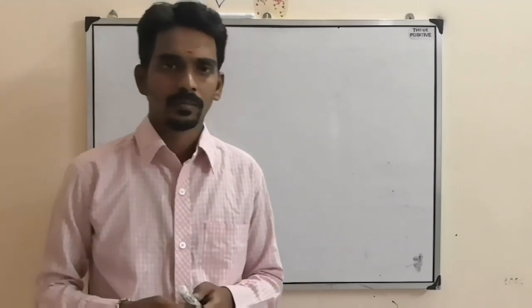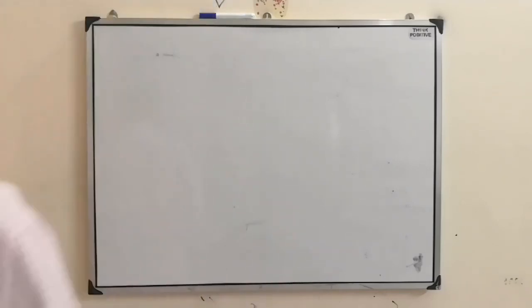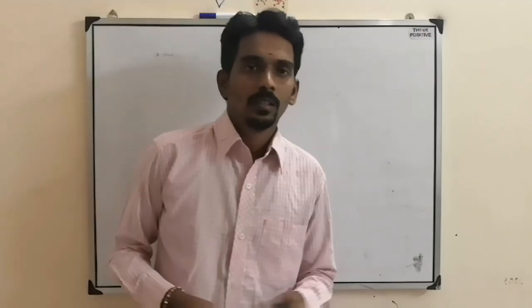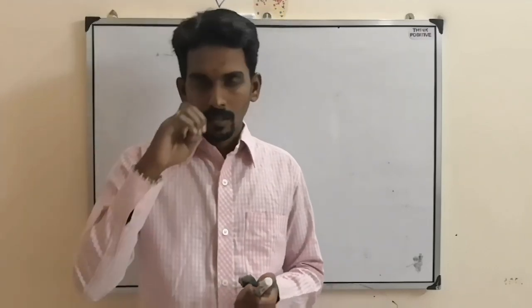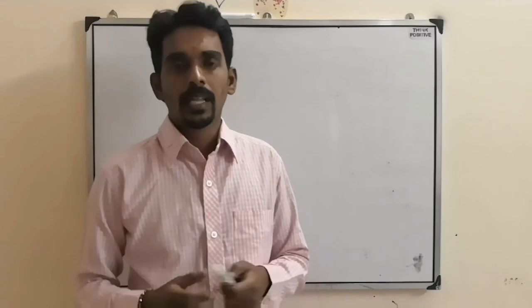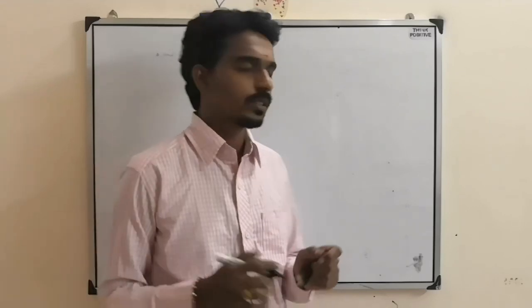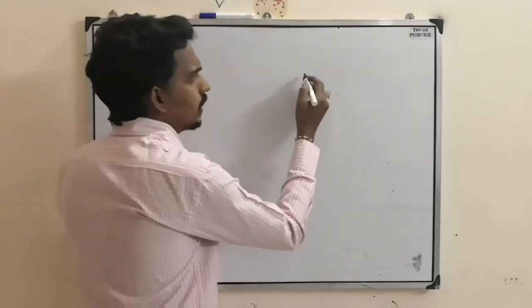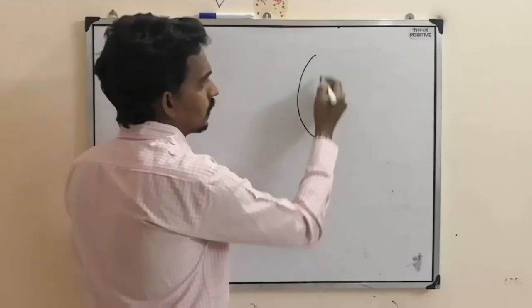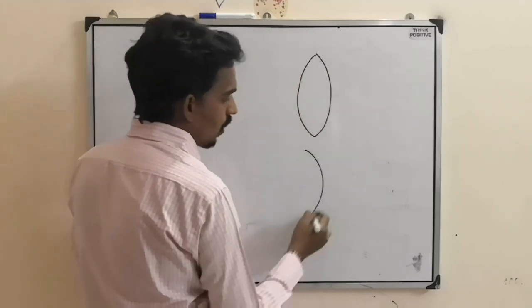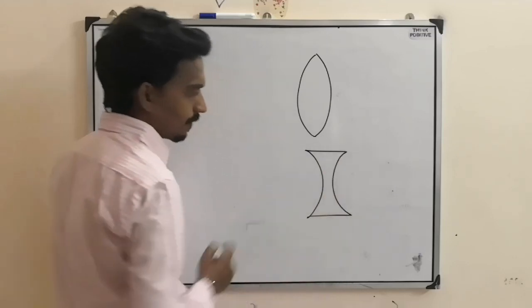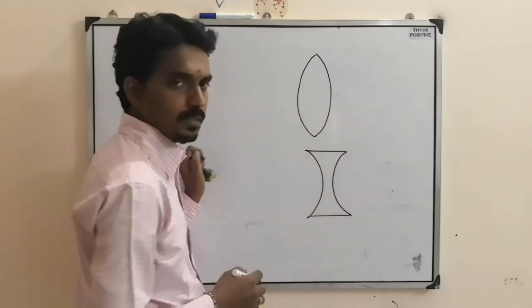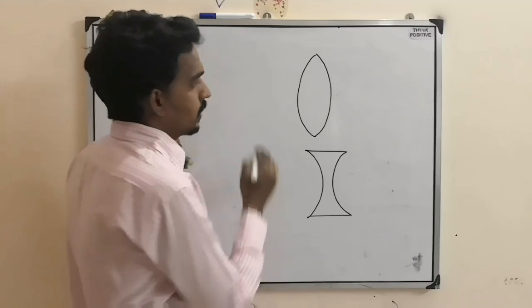Now let us try to understand. In case of lens, when you consider any lens, convex lens or concave lens, there are two surfaces, two refracting surfaces.